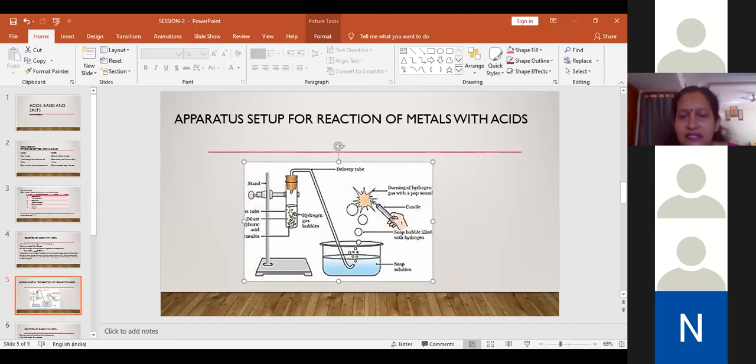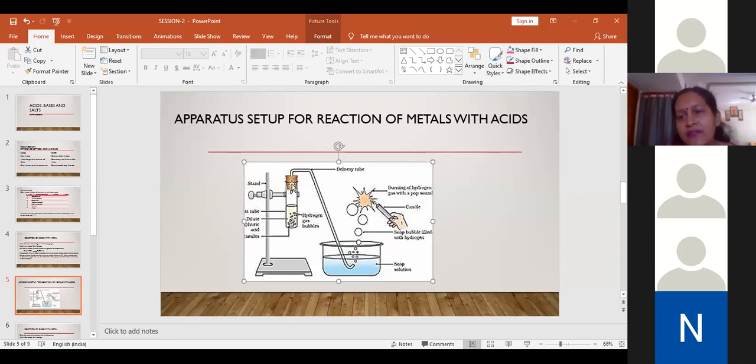Look at the setup. The test tube having the liquid acid in it, or I should say dilute acid in it, in which the zinc granules are poured. The test tube is closed with a cork.